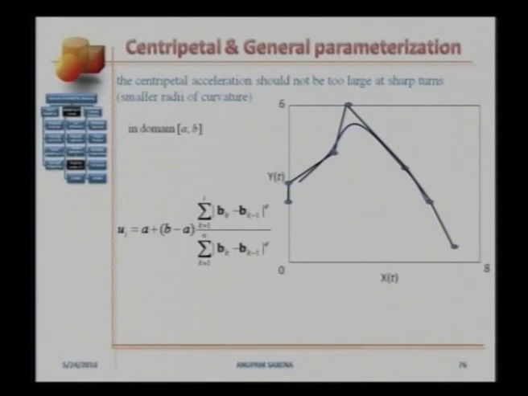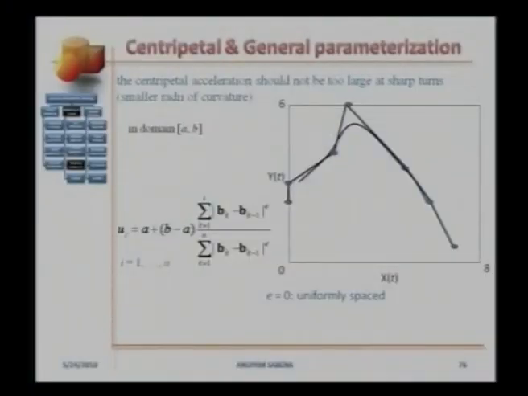So, knot vectors were essentially based on parameters u, which were given by a plus b minus a summation, something in the numerator, something in the denominator. You would know how we had performed those computations. That is not of prime concern now, but what is of prime concern today is that we were able to come up with a scheme through which we could compute knot vectors in many different ways.